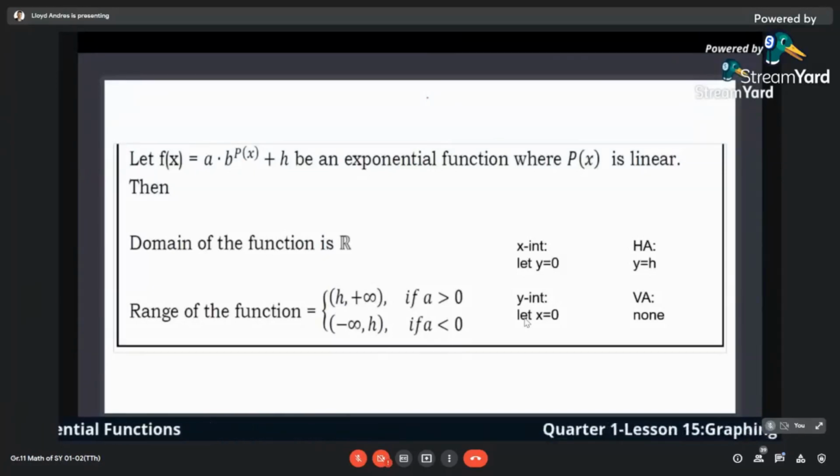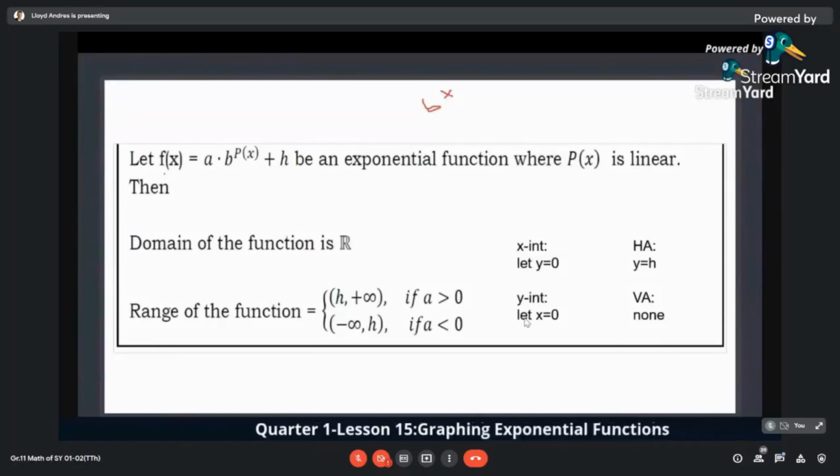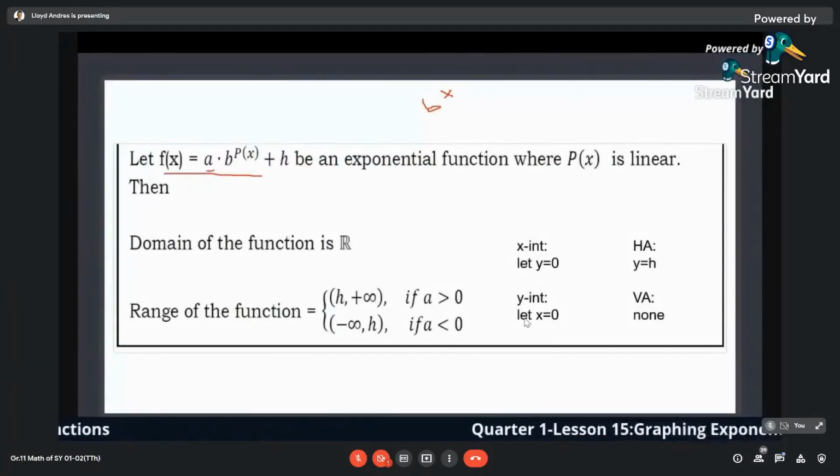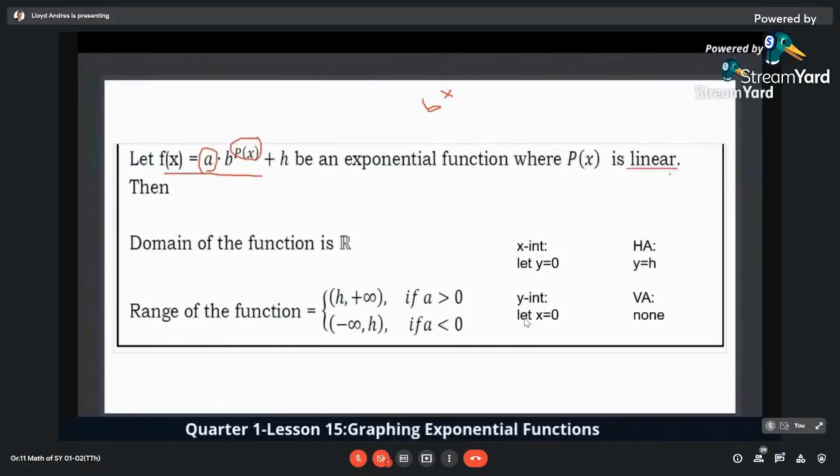So if it has a coefficient a, and the exponent is not just x but a linear function, plus h.